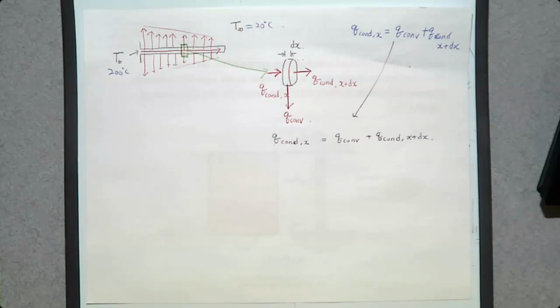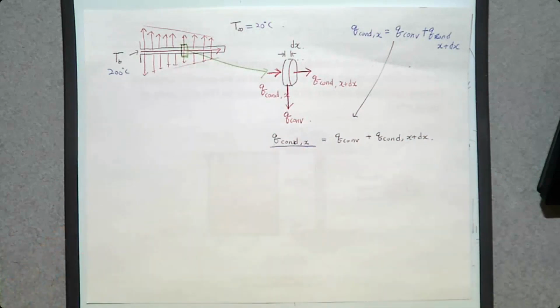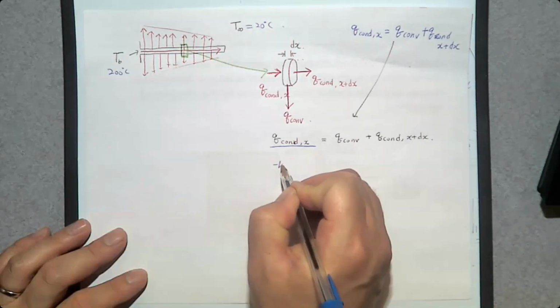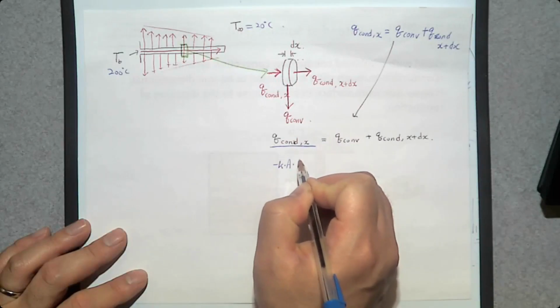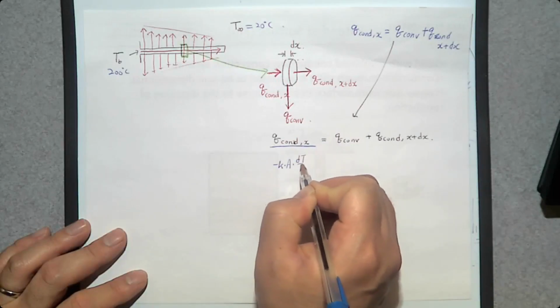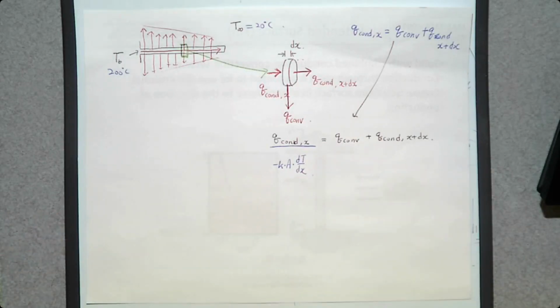Then, can we determine this one? How do you determine this incoming conduction heat transfer? By Fourier's law. What is Fourier's law? Minus k times area times dT over dx. That is Fourier's law.